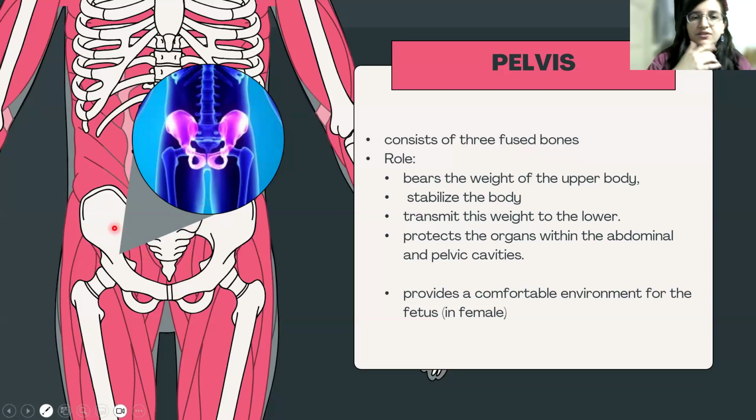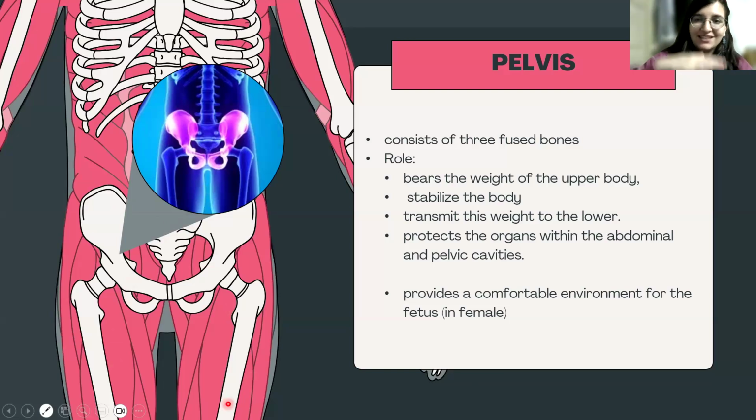So what is the purpose of the pelvis? Again, it bears the weight of the body, the upper body. So that one is pretty obvious. It also stabilizes the body. I think our center of gravity is also somewhere here. It also transmits the weight. So we have the upper body and the lower body, right? So this is the one that transmits the weight to the lower body.